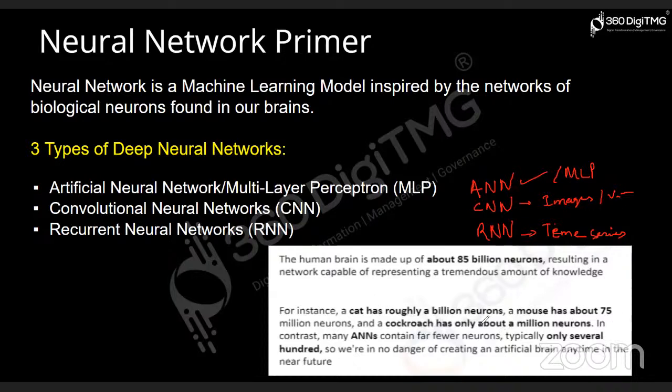In contrast, an ANN contains very few neurons, only several hundred. So it is not likely that we will create a brain capable of outthinking us, or a neural network which can take over humankind. It is not a possibility now, so there is no need to be afraid.